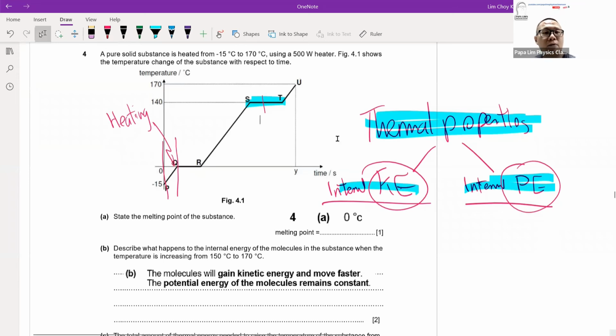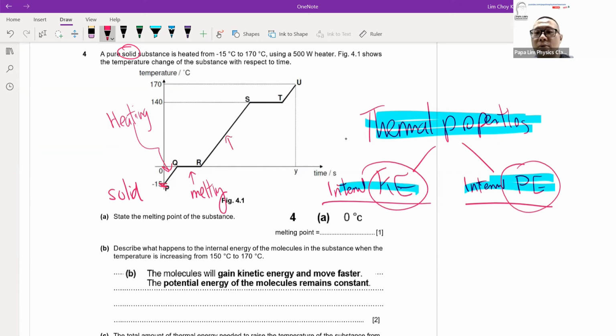For the question here, this is solid. If you look at the phases we are looking at, it's always solid at the beginning. So this will be the heating phase. After that, it will be the melting phase. After melting, everything becomes liquid.